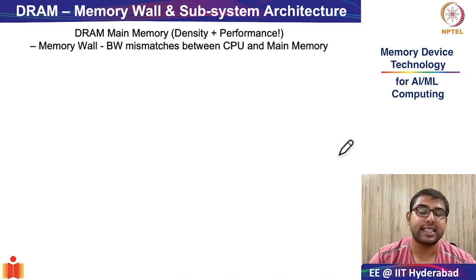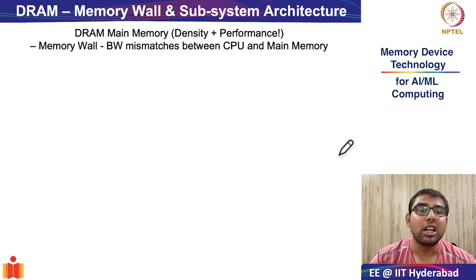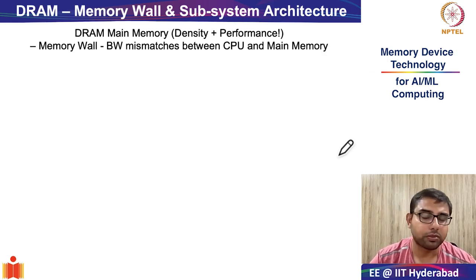intrinsically the DRAM cell and the DRAM subsystem has a performance limitation, and this limitation is growing when you compare it with the advances in CPU transistor technology.